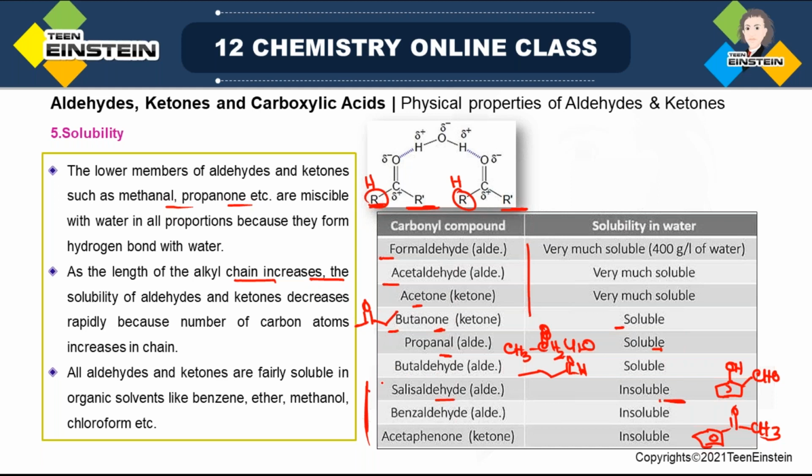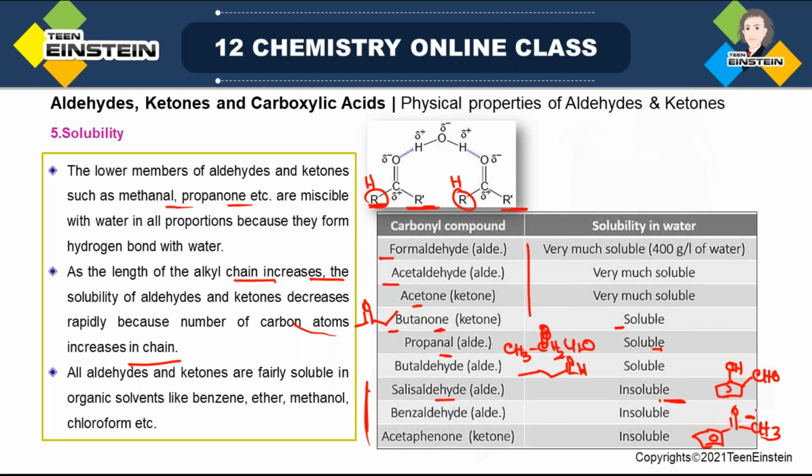Fine. In case of aromatic molecules also, the number of carbon atoms is increasing, and also the hydrogen atoms. So what happens? The non-polar part is increasing because the oxygen number is fixed. There is only one carbonyl group.